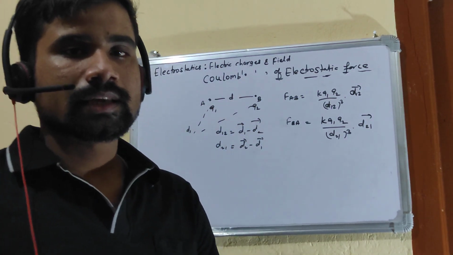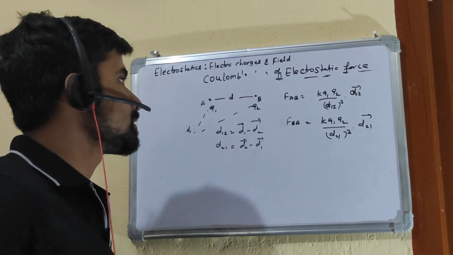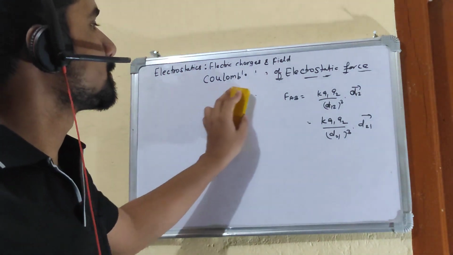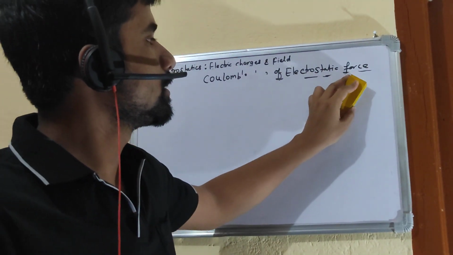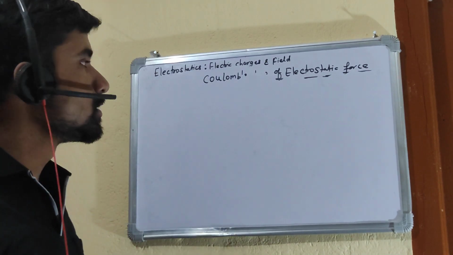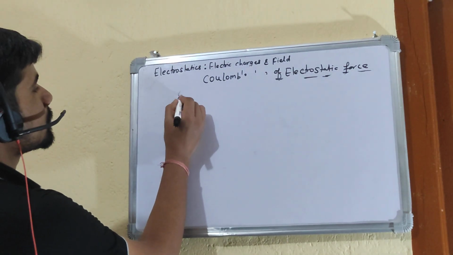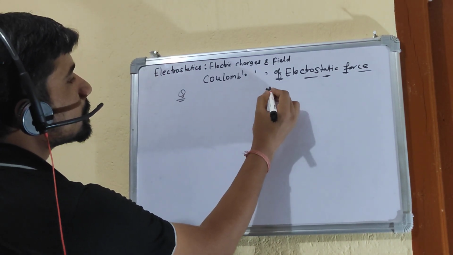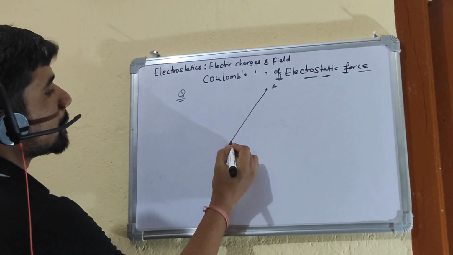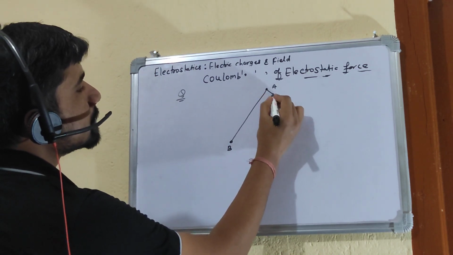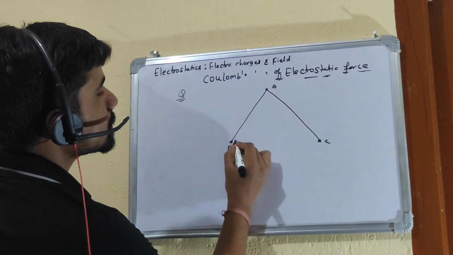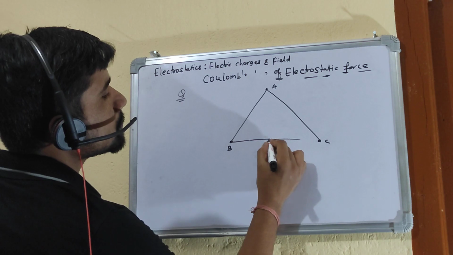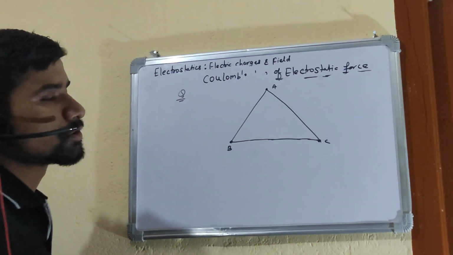Okay, so let's solve a question on Coulomb's law, which we just studied. Let's say there is an equilateral triangle A, B, C. Ignore the shape, but yes, this is an equilateral triangle.